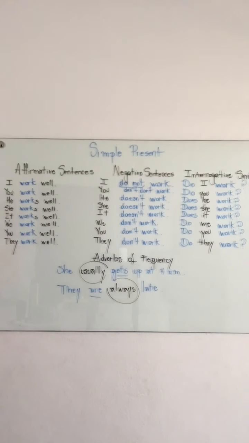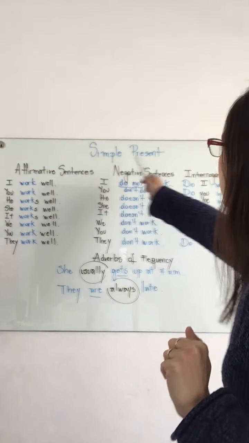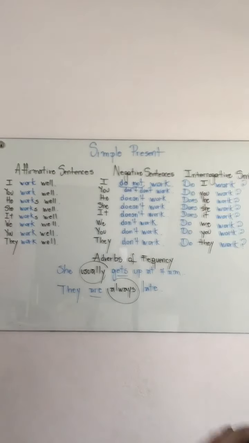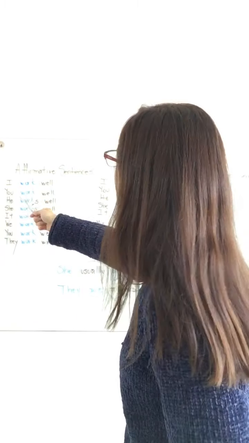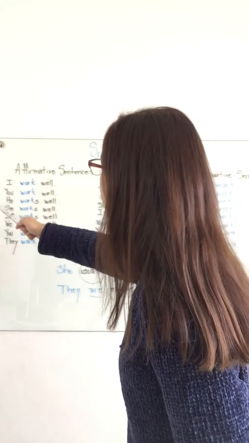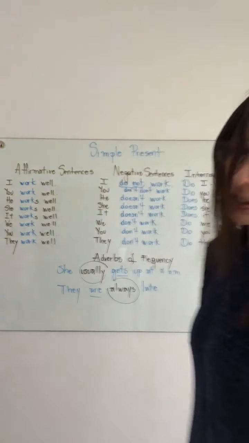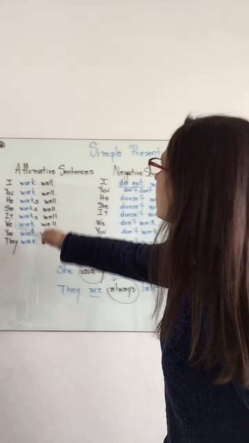In the simple present, we have the affirmative sentences, negative sentences, and interrogative sentences. We have to remember that in the affirmative sentences, we use the verb in the same way as in the infinitive, except for the third person singular: he, she, it.